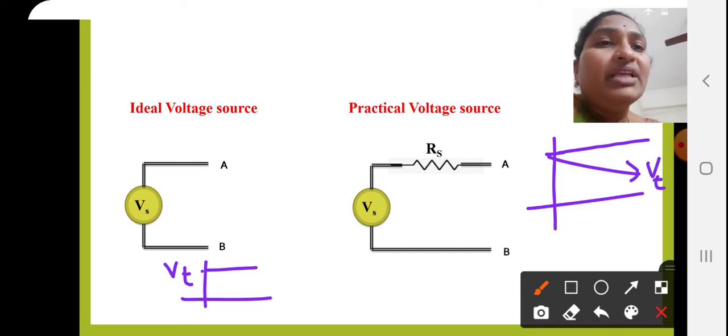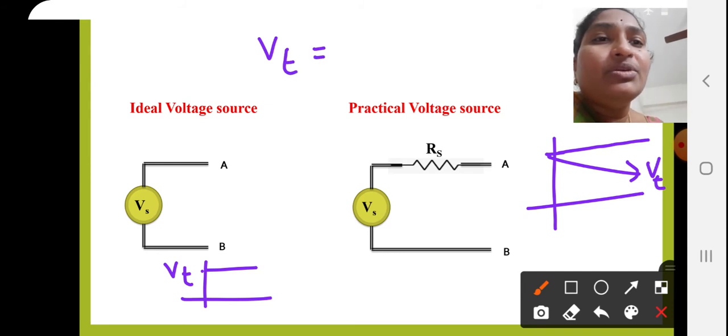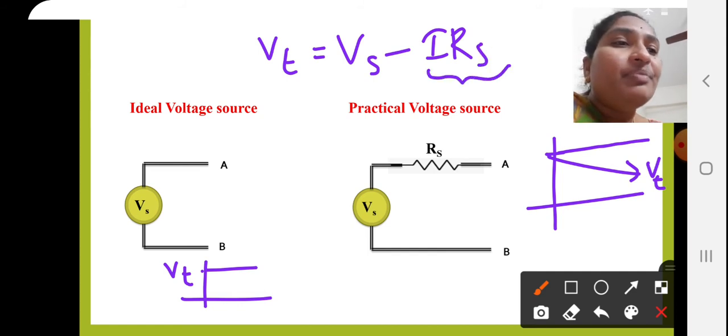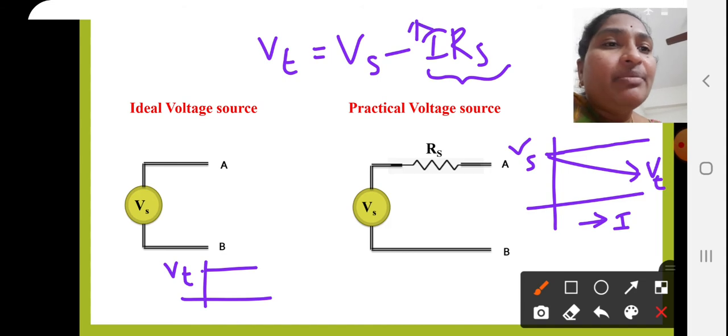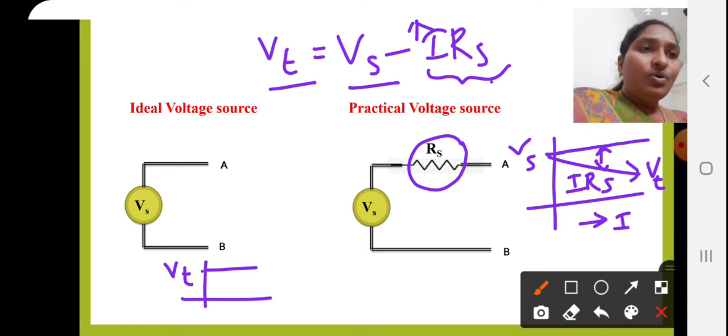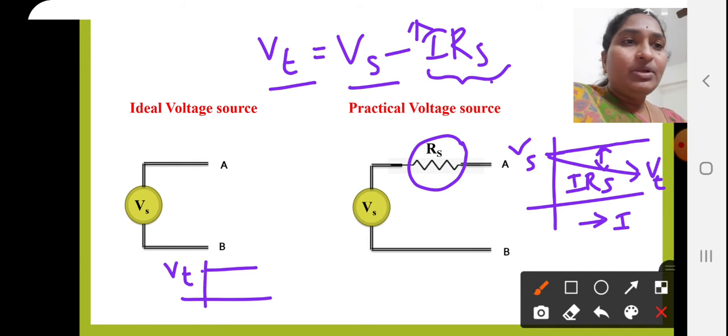As we know, Vt is equal to Vs minus I into Rs. Whatever this drop is has to be subtracted from the source voltage. As I increases, because of the drop I into Rs, the drop is subtracted from Vs and we get the terminal voltage. So this deviation will be I into Rs. Like this you get the volt-ampere characteristics of practical and ideal voltage sources.